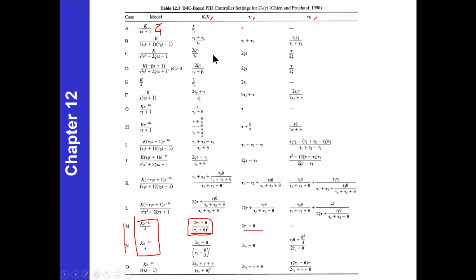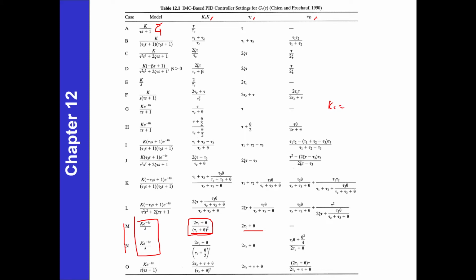Remember, last time we had second order plus time delay and first order. If we have first order plus time delay, this is how to calculate the value of Kc, and this is how to calculate the value of tau I. It's just about the same.